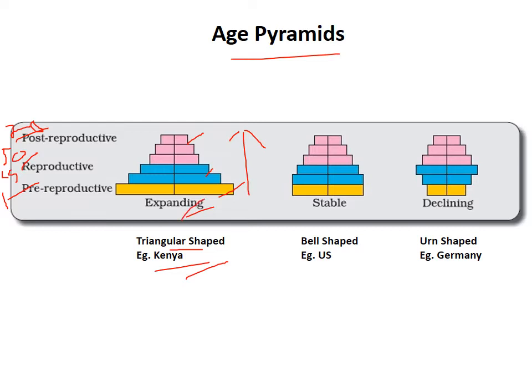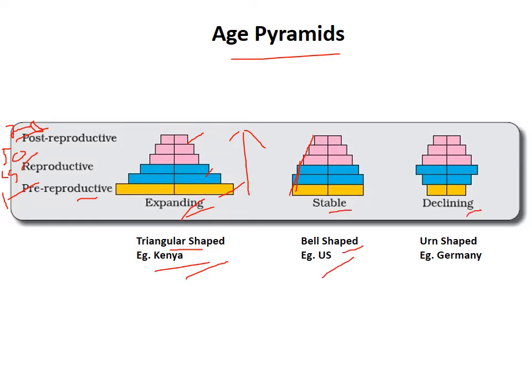Then the stable population, when the pre-reproductive and post-reproductive ages are almost similar, and also the pre-reproductive, reproductive, post-reproductive almost, there will not be that much difference. So it's the stable population, bell-shaped, for example the US.